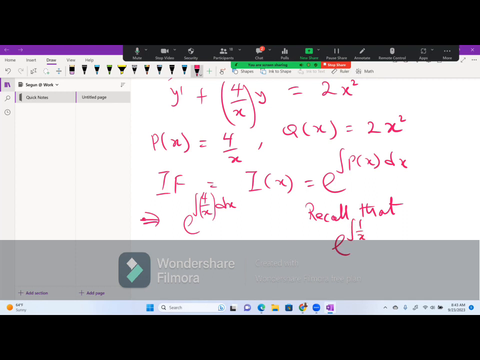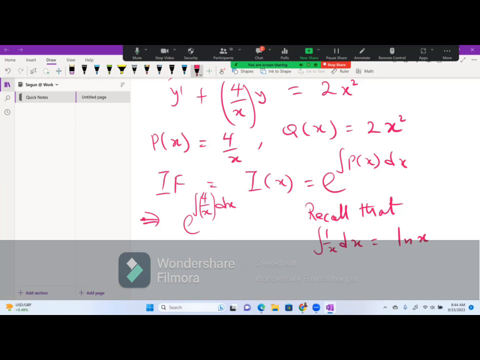exponential integral of 1 over x dx is the same thing as exponential ln x. Let me do it one after the other. Integral of 1 over x dx is equal to ln x.